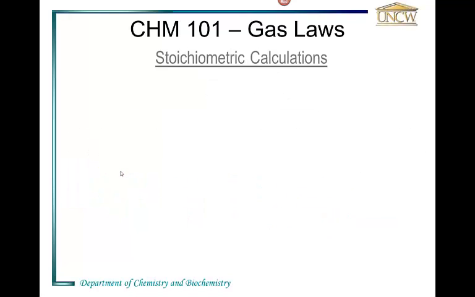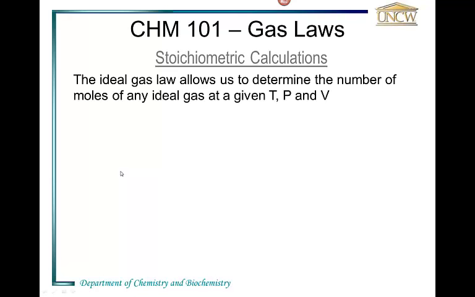This represents another way to calculate the number of moles. We know that if we have the mass of a substance, we can use the molar mass to calculate the number of moles. We know that if we know the volume of a solution with a given molarity, we can calculate the number of moles. And so finally, now we have an ideal gas equation that also allows us to calculate the number of moles.